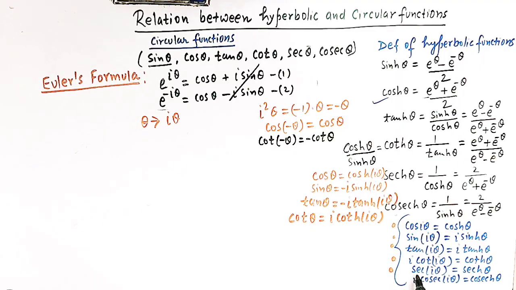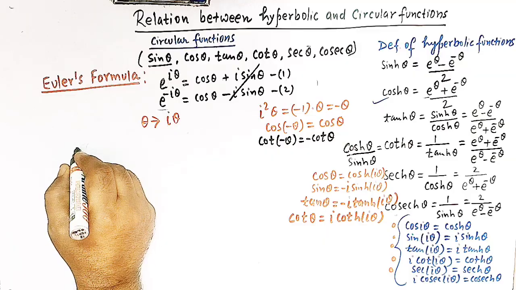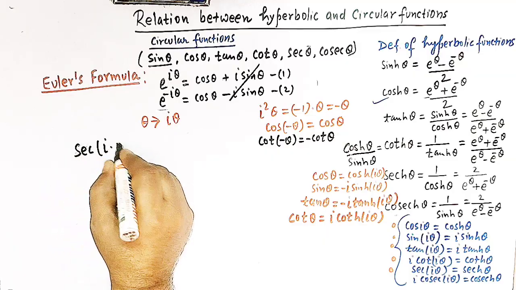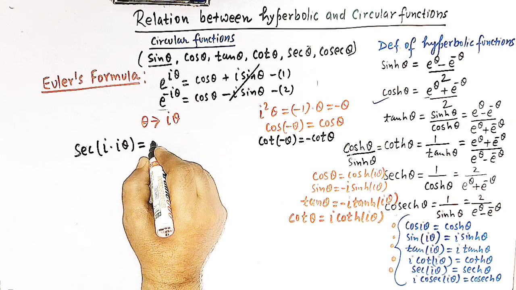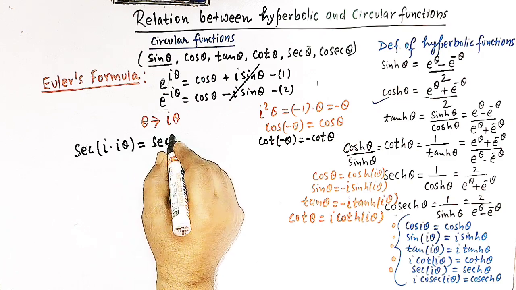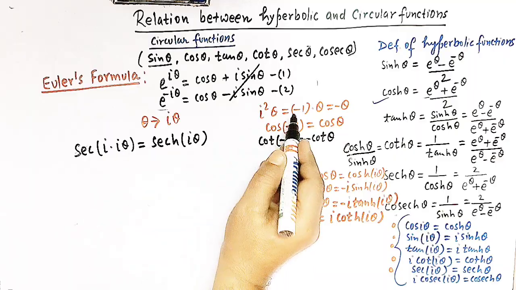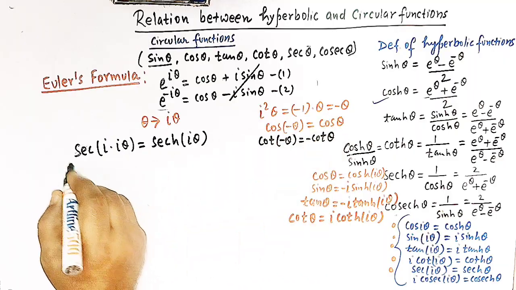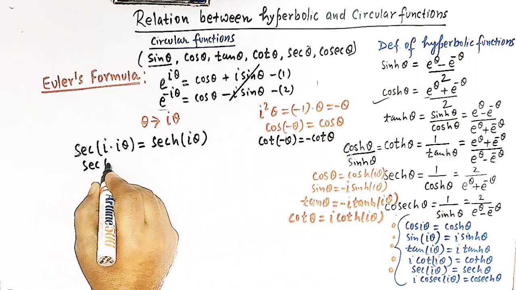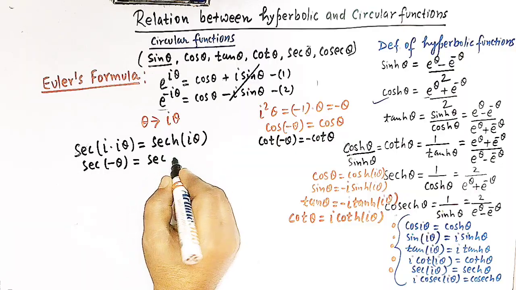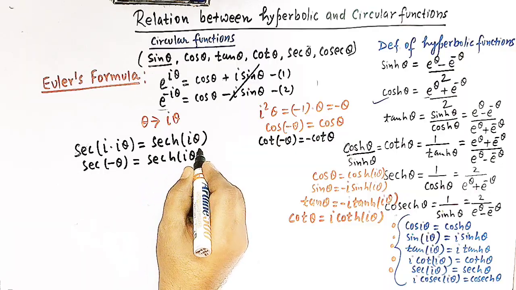Now let us replace theta by iota theta in the fifth relation. We have secant of i·iθ, and then here we have hyperbolic secant of iθ. So here i²θ is minus theta, so we have sec of minus theta equal to sech(iθ).